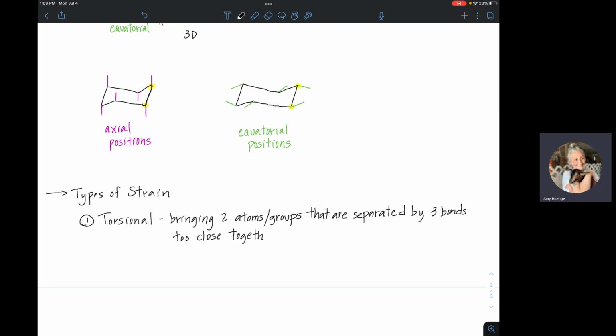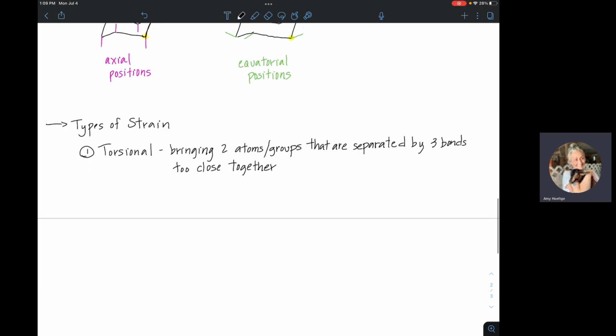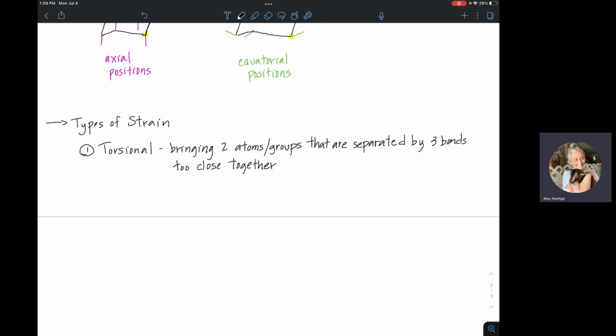This is a form of Coulombic repulsion. So we're bringing two groups or atoms that are separated by 3 bonds just a little too close together. And there is a Coulombic force of repulsion as we bring those like charges just a little too close together.